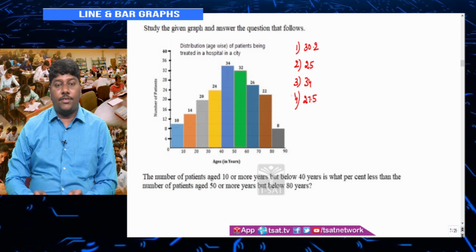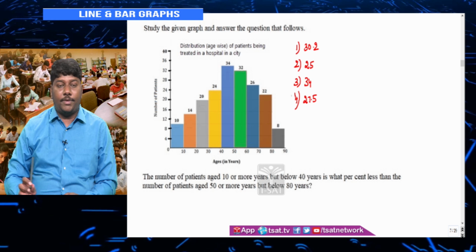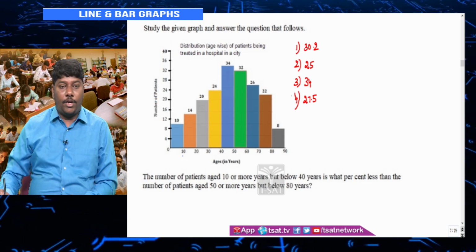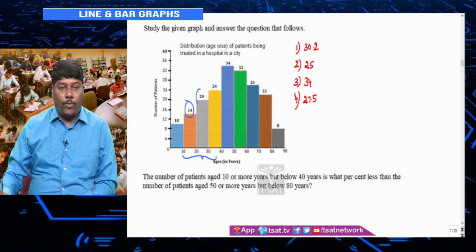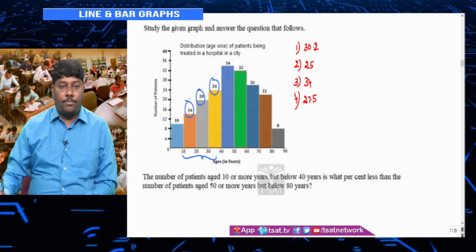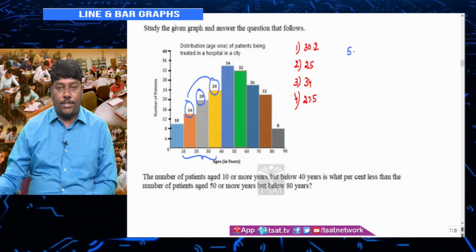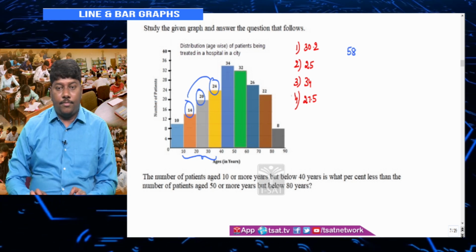The number of patients aged 10 or more years but below 40 years is what percent less? 10 or more but below 40. So, 10 or more below 40 means between 10 to 40, that is 14, 20, 24. So, I would say 38, 58. So, first data is 58. Is what percent less?